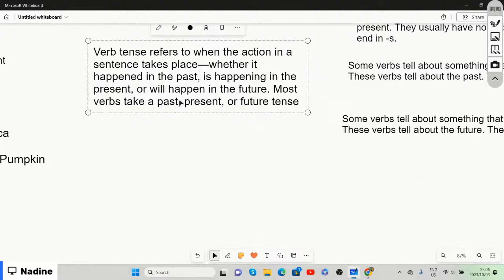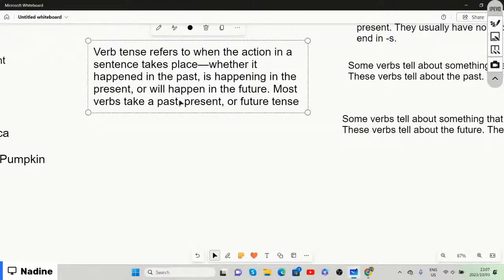There's always something happening. So even if you are on the other side of the screen, you are listening. That is the action that you are doing. I am talking. That's the action that I'm doing. But when it comes to verb tenses, it refers to when the action in the sentence takes place.